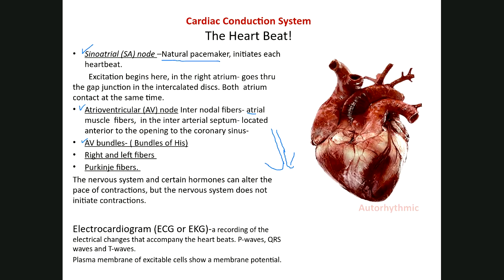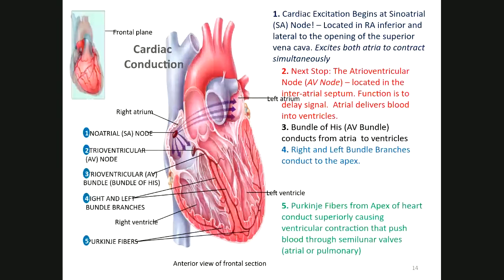So let's look at these in a little more detail. Initially, the excitation of the heart is going to begin at the SA node, located right here. The SA node is actually located near the superior vena cava. Then the next step, this impulse is going to go to the atrioventricular node, which is located right here between the atria, along the interatrial septum.